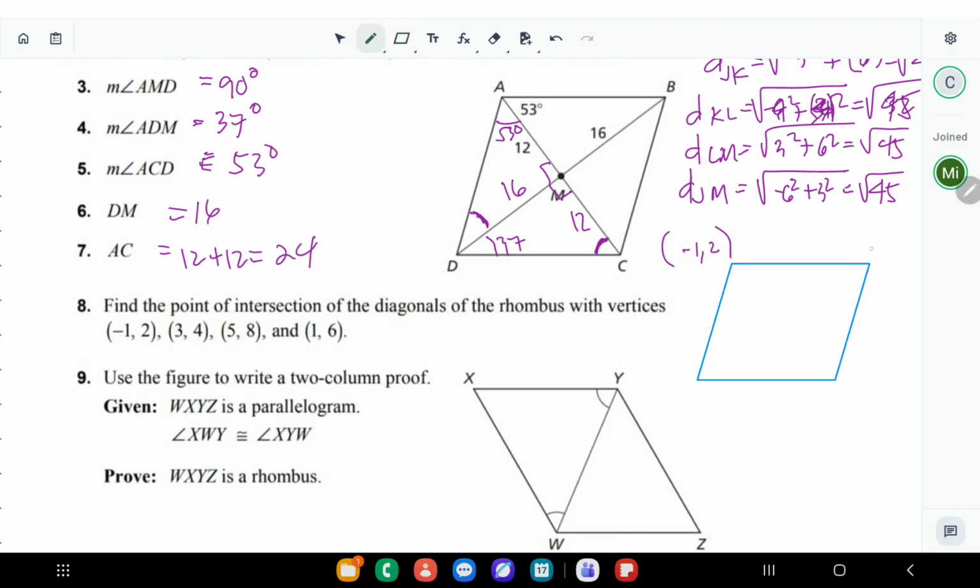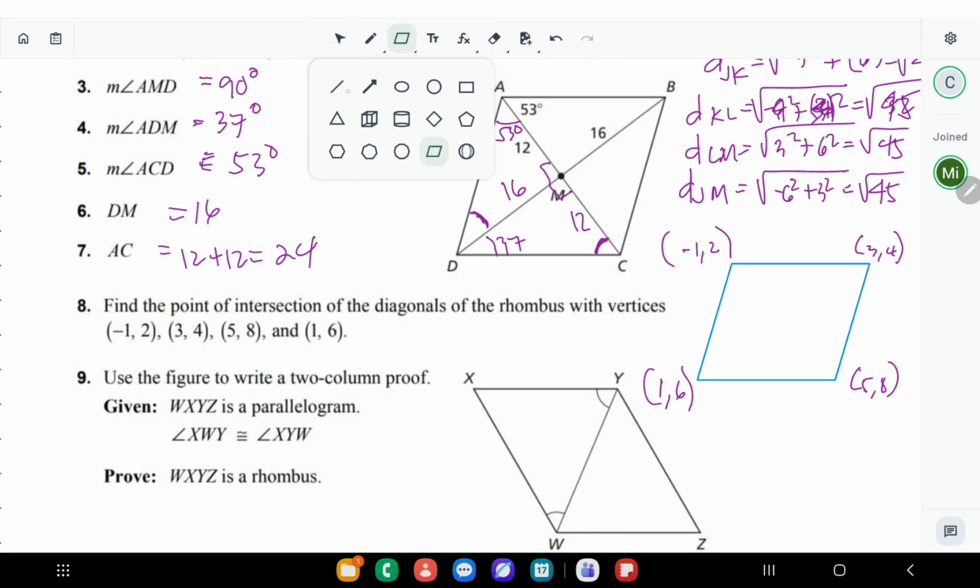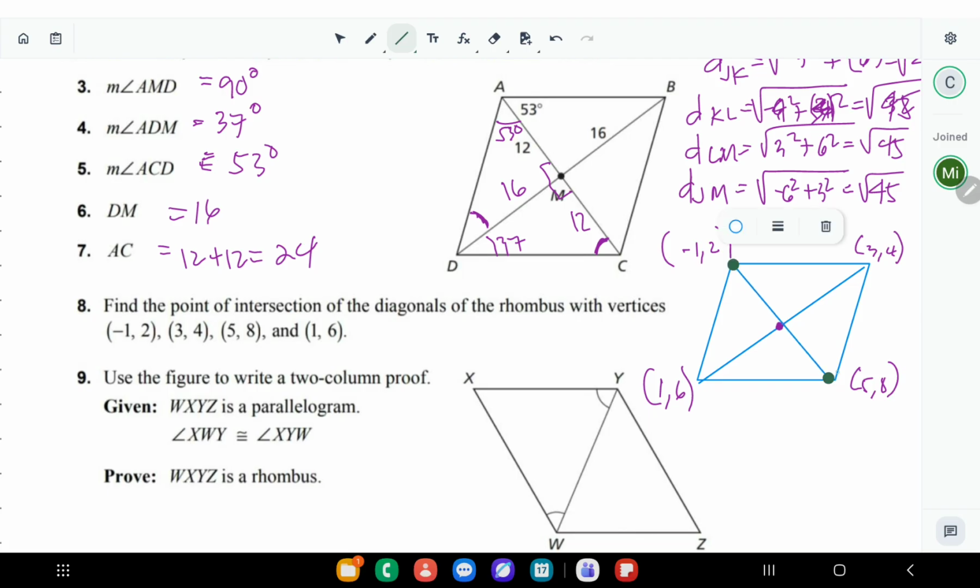It says find the point of intersection of the diagonals, and that means it is the midpoint of the length of the diagonal.